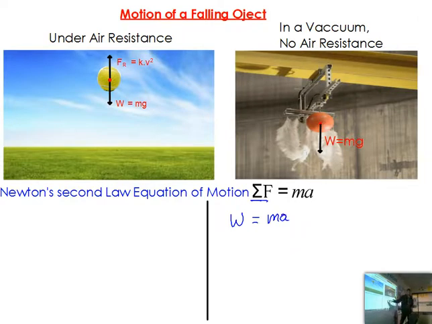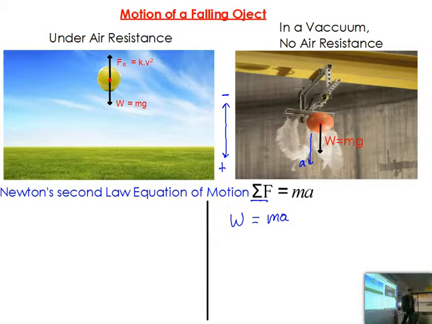Okay, so it's important to get your directions correct. Let's say going down we can take as the positive direction, and then vertically up we can take as the negative direction. In this case, the weight force is directed down and the acceleration of the object is down, so both vectors have to stay positive.